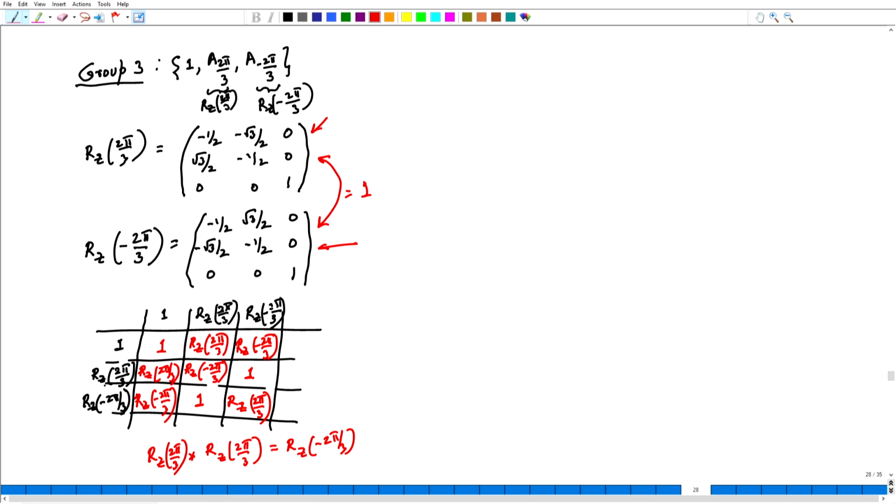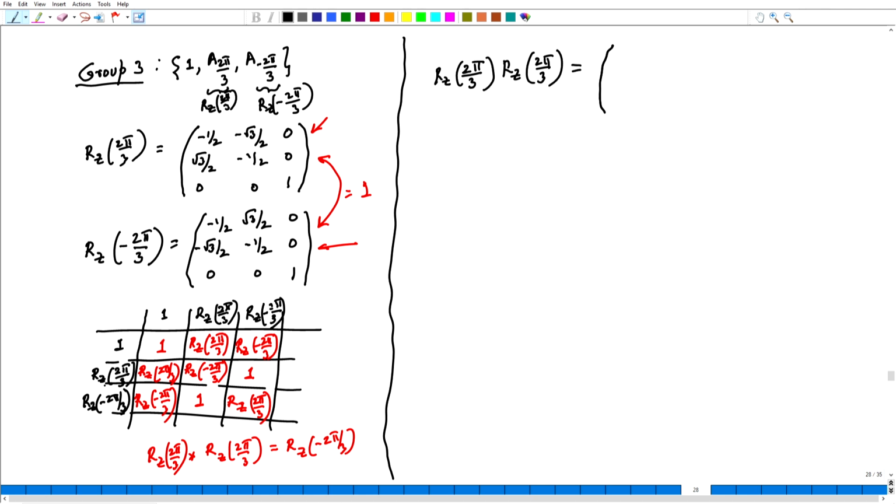So, just as an example, let me actually multiply one example I will take: Rz 2 pi upon 3 times Rz 2 pi upon 3.